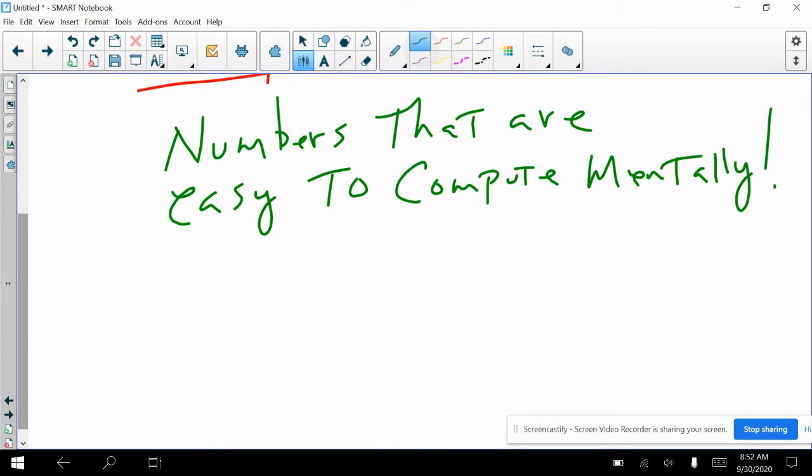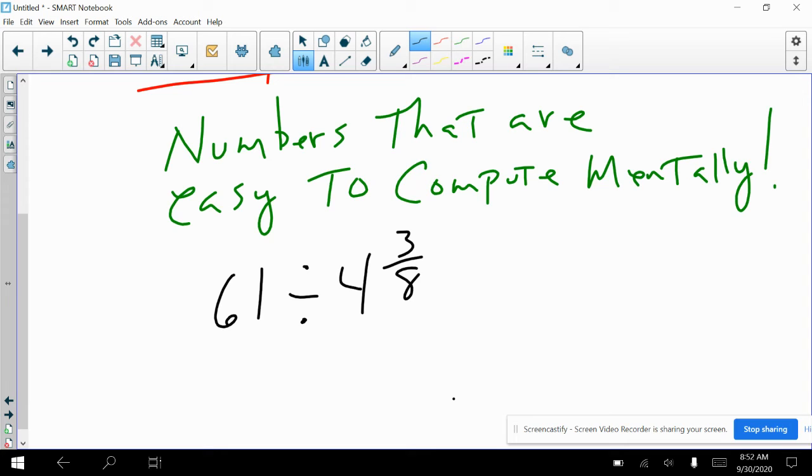For example, and again, this is where you have to know your math facts. Your life becomes so much easier if you know your math facts. 61 divided by 4 3/8.